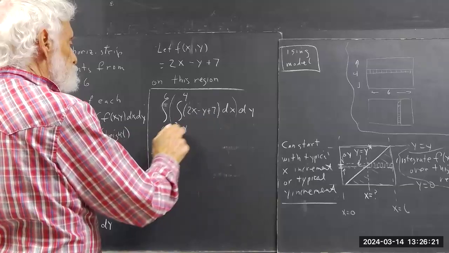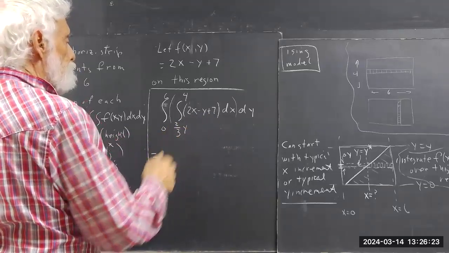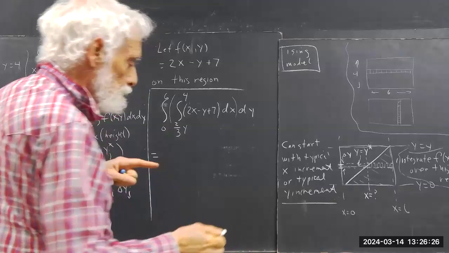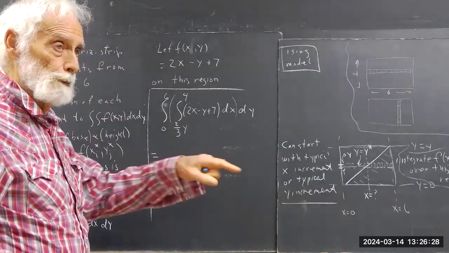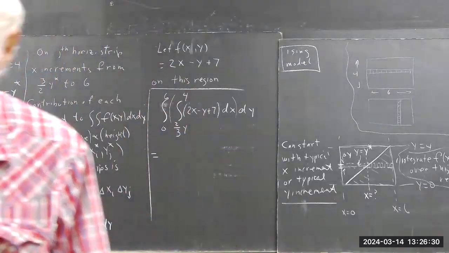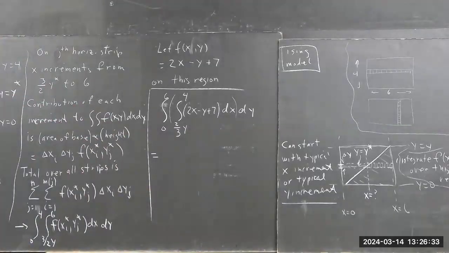Again, this tells you essentially what the contribution to the integral is of a small horizontal strip. Got a question?